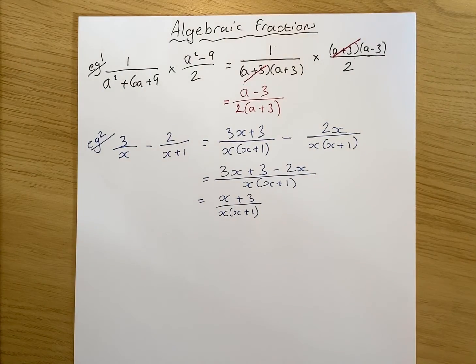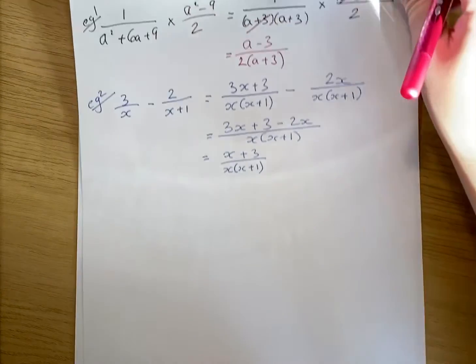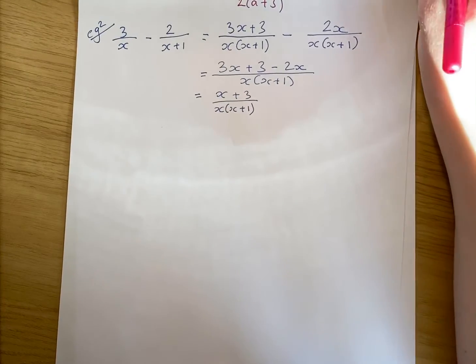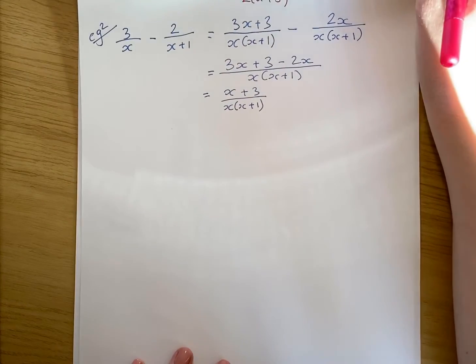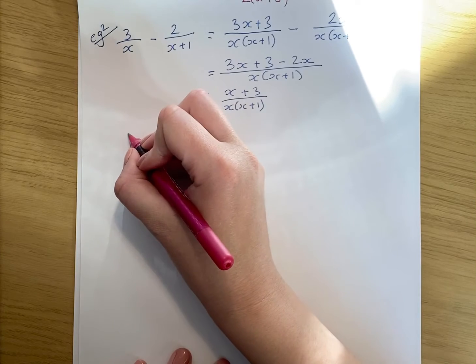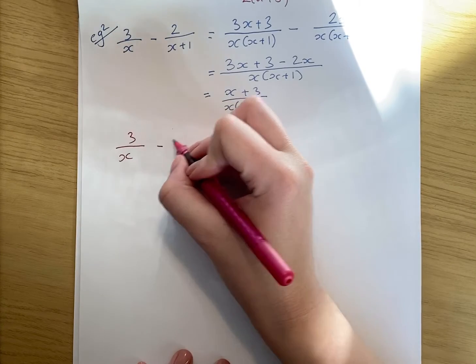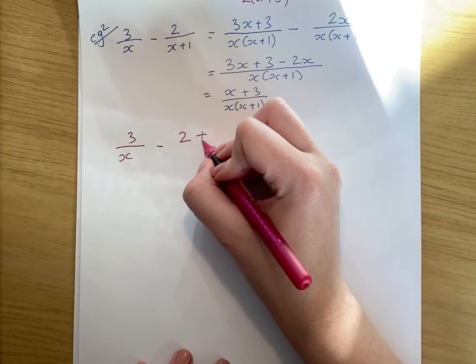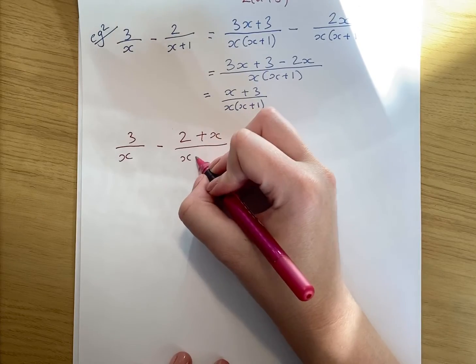Now, the one thing you have to be careful of when you're adding and subtracting is this, and I'm going to use a very, very similar example to this. So imagine I have 3 over x minus 2 plus x over x plus 1.